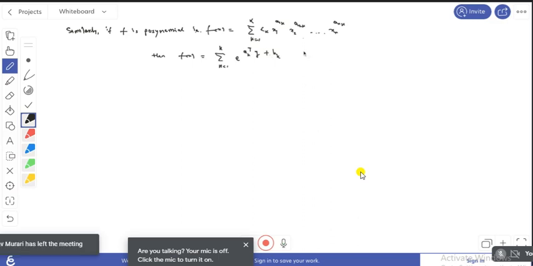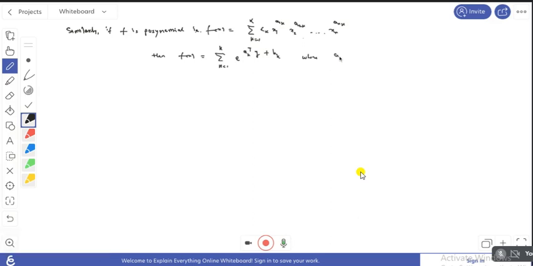Here the value of ak is a1k up to ank. And what is bk? bk is arbitrary: log c1 for the first one, log c2, log c3, log c4, and for any general bk it is log of ck.